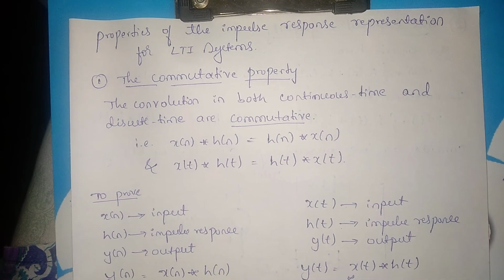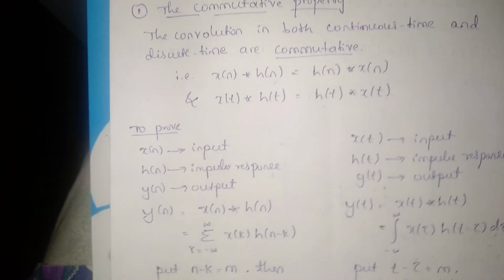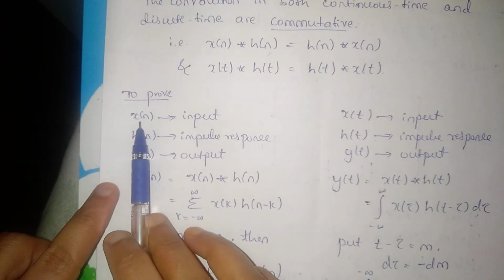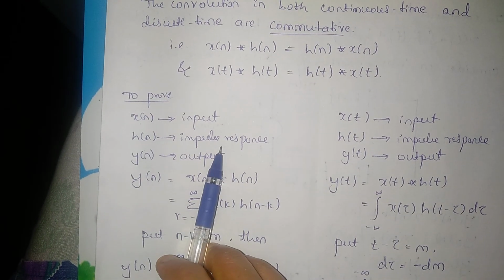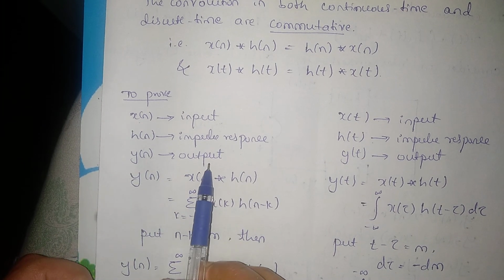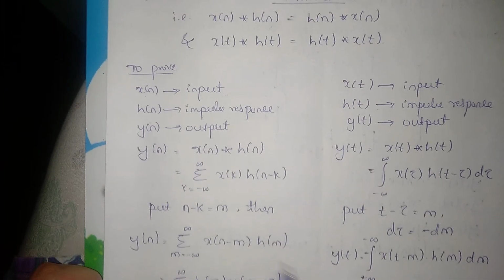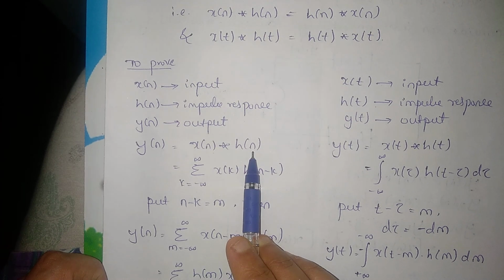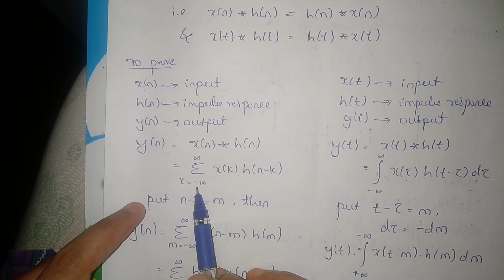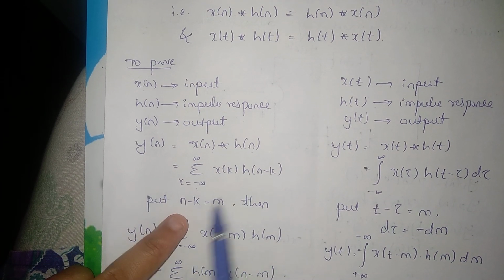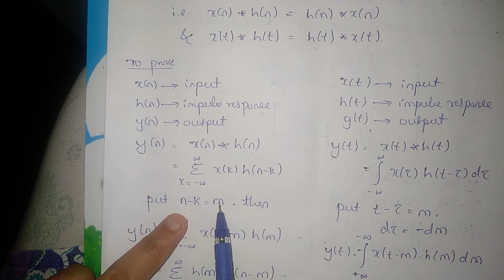If you want to prove this, first consider x of n as an input and h of n, that is the impulse response, and y of n as the output. y of n means x of n convolution h of n. This we already know, so I am expanding with the equation. In place of n minus k, I am substituting m.